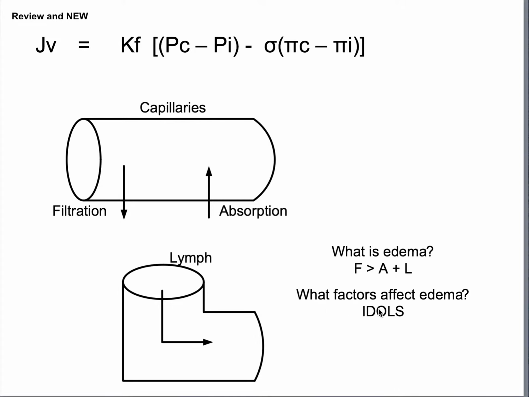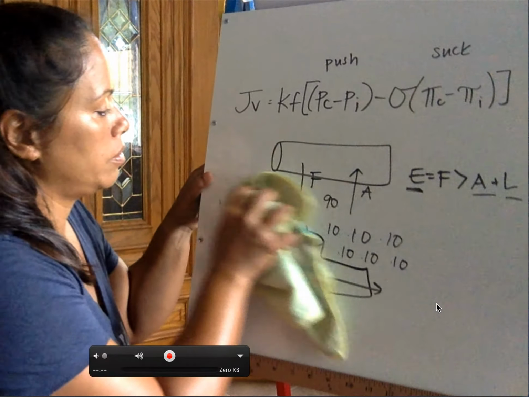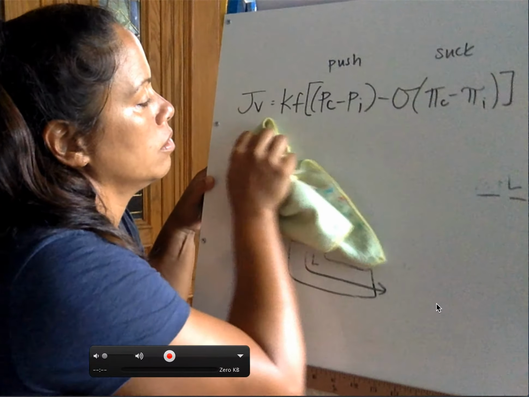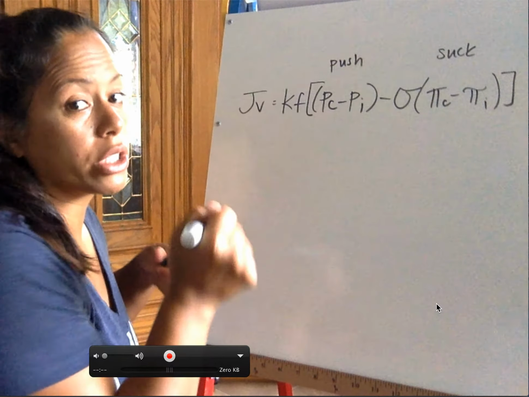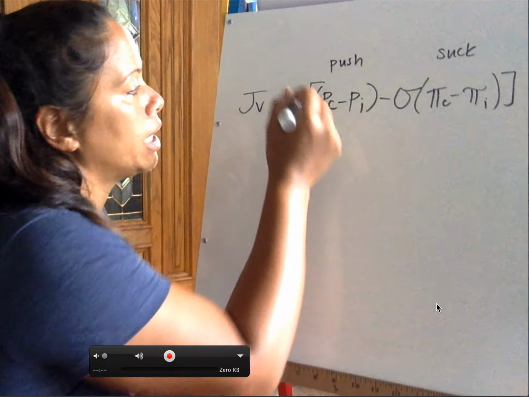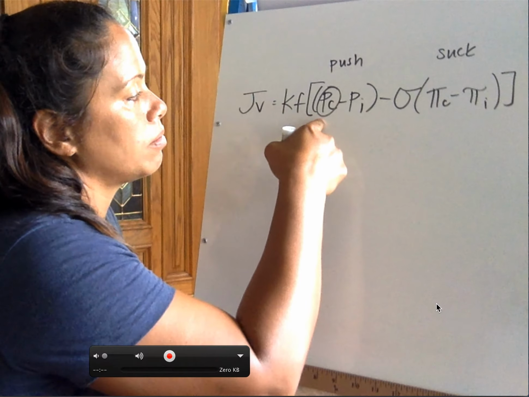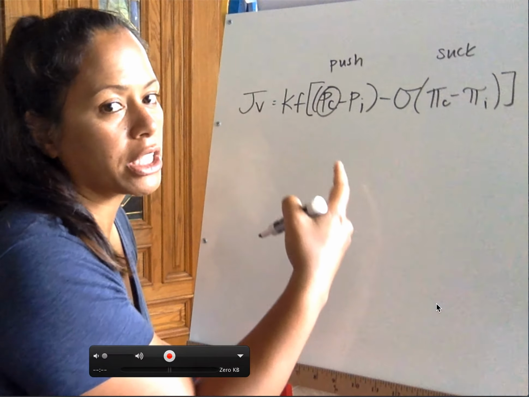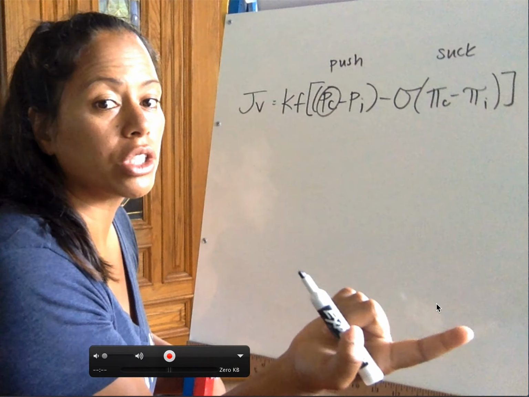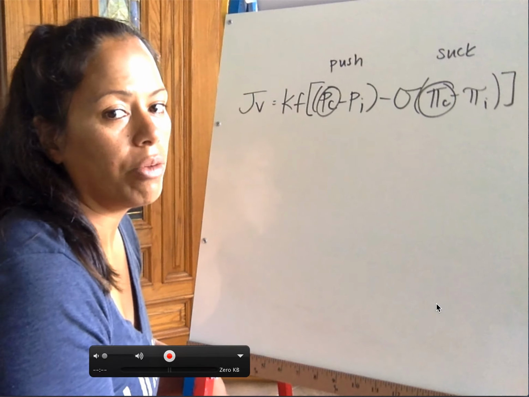How do we remember this? Well, what factors affect edema? EIDL stands for... So I told you last time that the important variables in this equation, which is Starling's equation of the capillaries, are PC, the pushing pressure coming from the capillaries, which could be affected by congestive heart failure or too much salt in your diet, and pi-P, which is due to albumins, proteins.